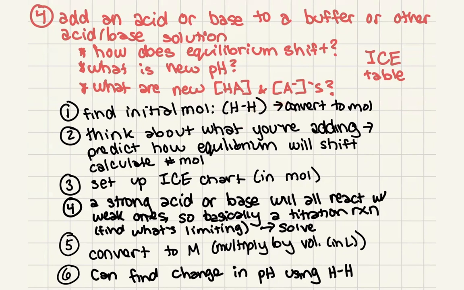Now you want to think about what you're adding and predict how the equilibrium will shift. First off, we need to remember that although we've been ignoring it, at least formally, there are two equilibria happening here. We have our water, and it ionizes to give us our H plus, which we can think about as H3O plus, and our OH minus.